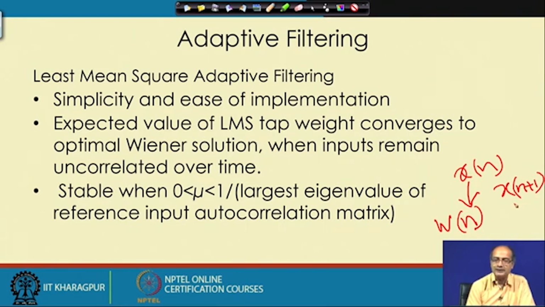Now, let us look at the signal. If the maximum frequency of the signal is 1 hertz, then we have 1 second of time. If it is 1 kilohertz, then we have 1 millisecond.